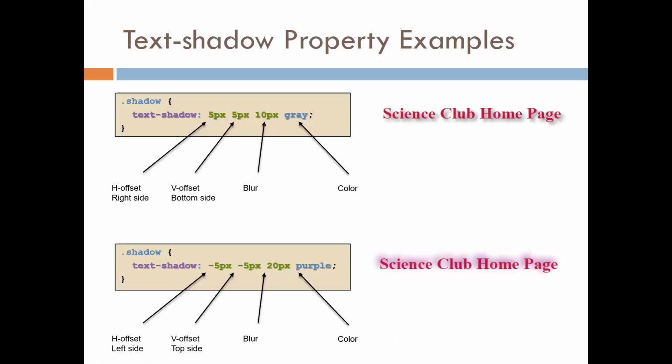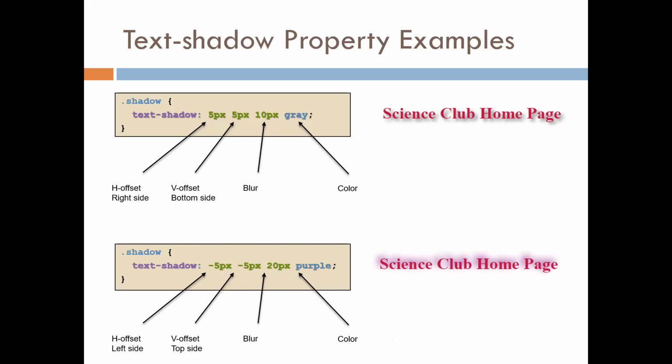So here are text shadow properties. Again, I'm using the same numbers on the top, a horizontal offset and vertical offset that are positive. So that's going to be bottom and right, then a blur and a different color. On the bottom example, it's going to be top and left and a bigger blur and a different color.